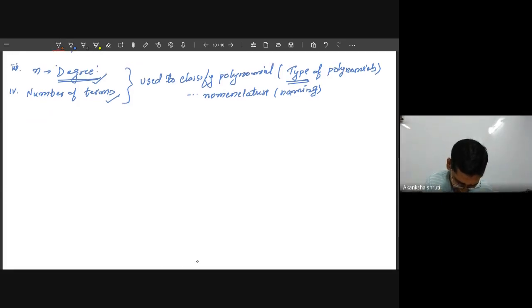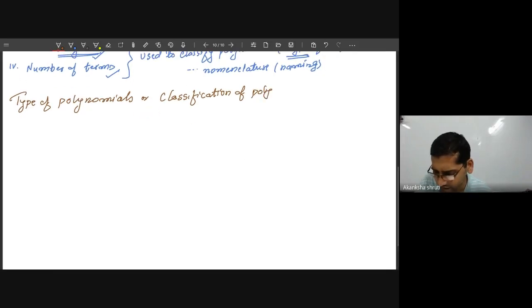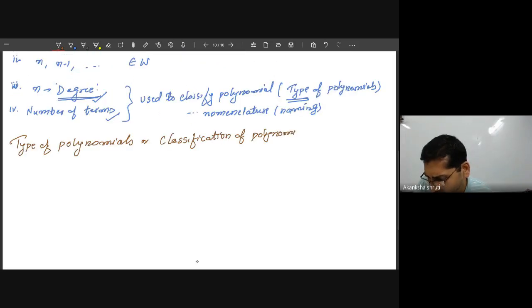So let us continue with types of polynomials, also called classification of polynomials. This classification of polynomial is based on two things.